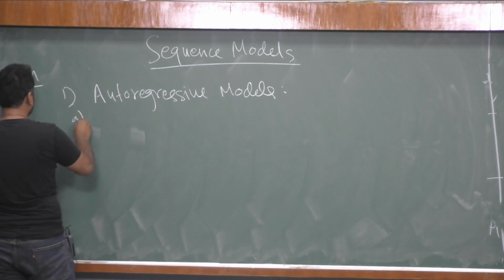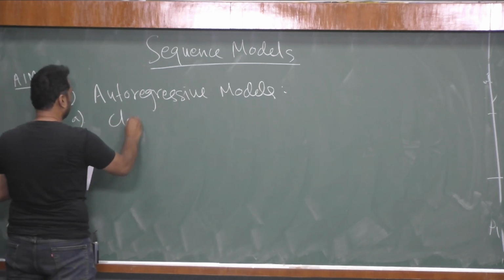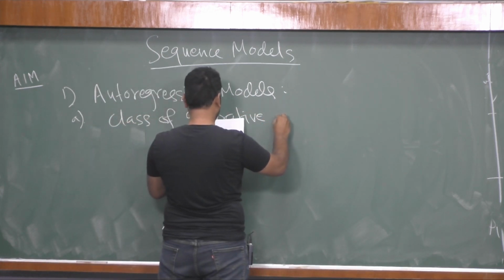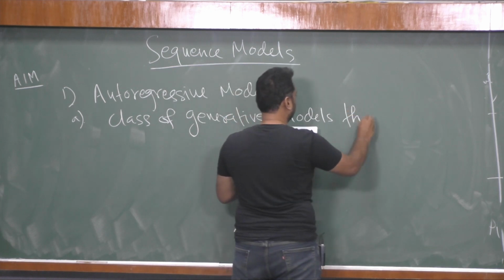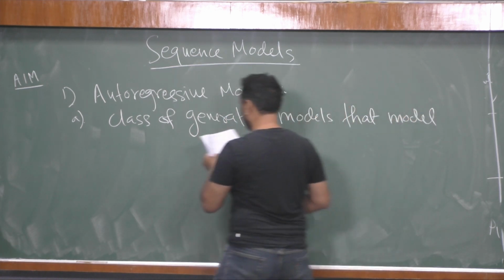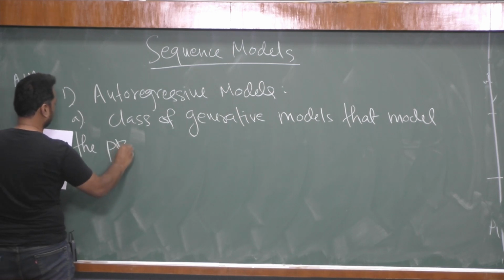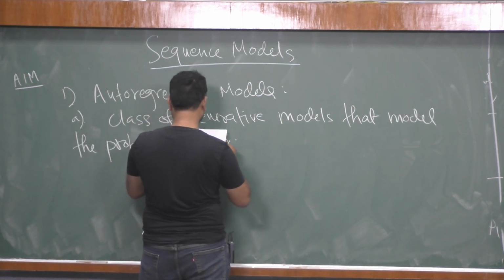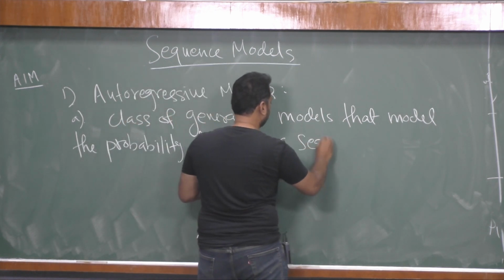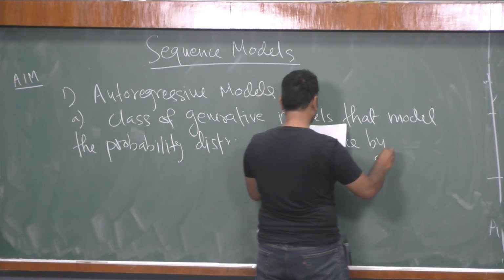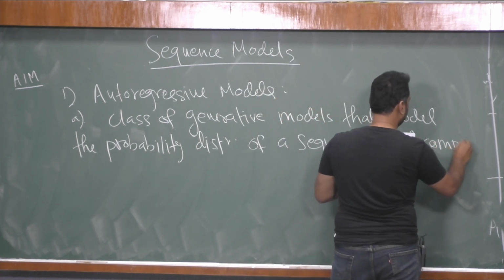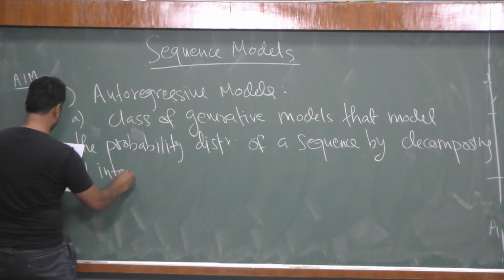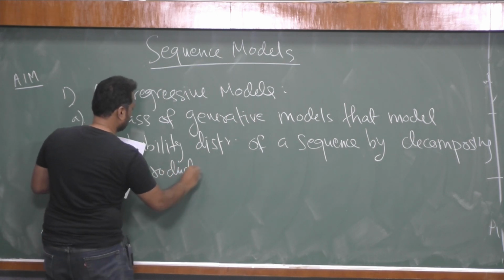In autoregressive models, just some highlights: these are a class of generative models that model the probability distribution of a sequence by decomposing it into a product of conditional probabilities.